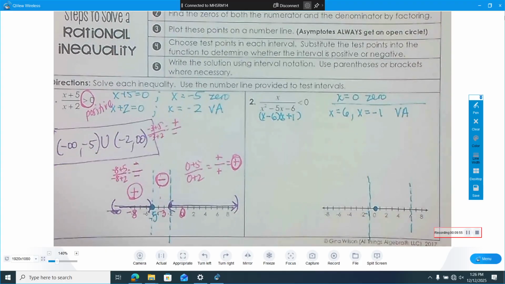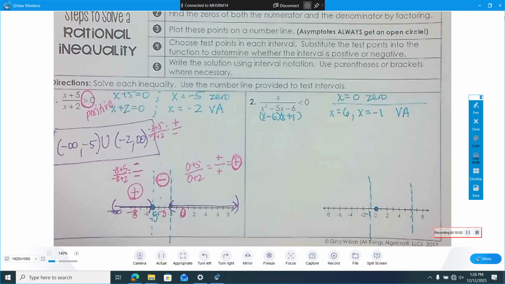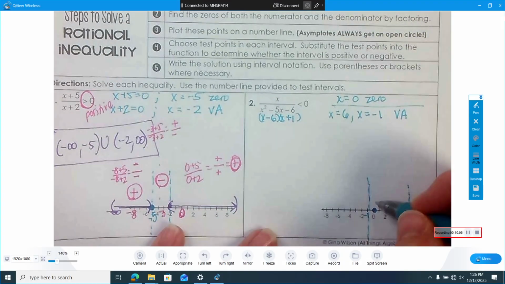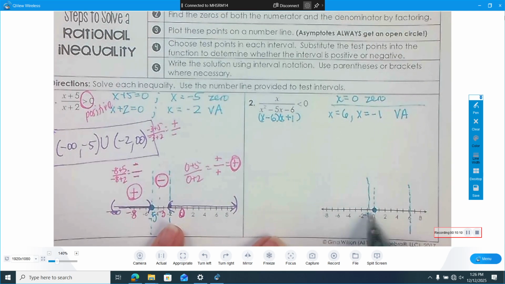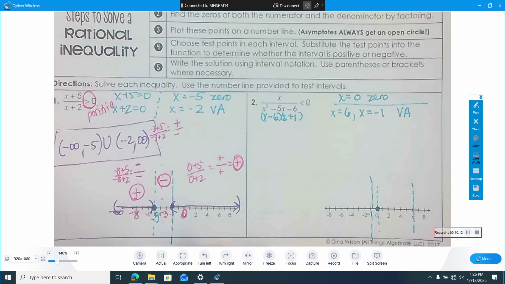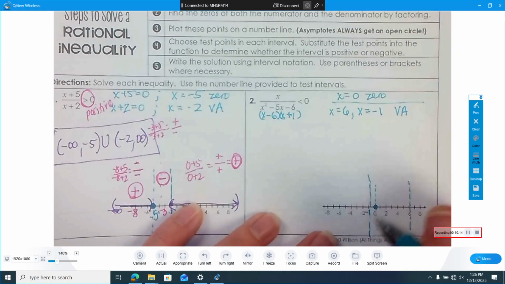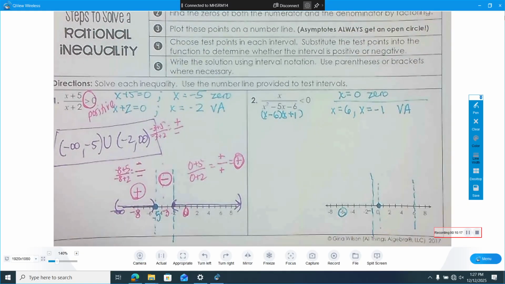Ooh, that's very close together. Now, how many sections do I have to test? 4, actually. This is a sneaky one right here. Yeah, between -1 and 0 is a whole other section I have to test. Let's see. I'm going to plug in something like -6.